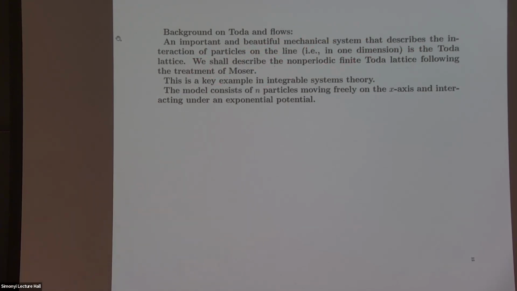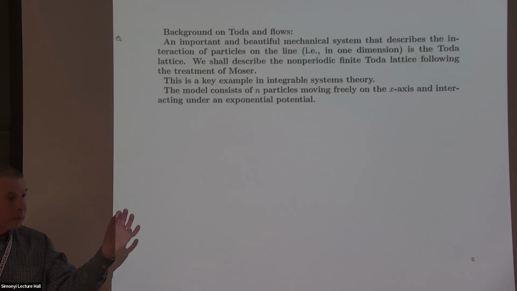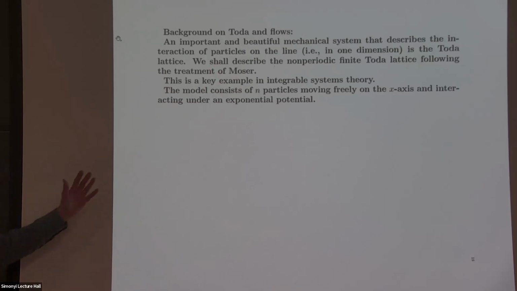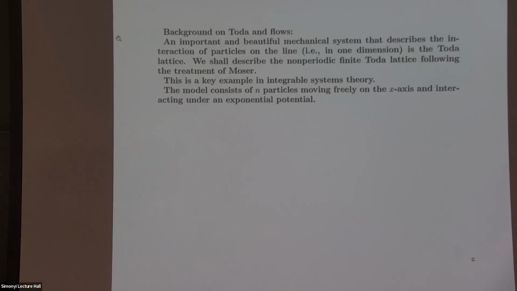It's a bit like the symmetric exclusion process, which has been used in stable polynomials. You've just got a bunch of particles on the line, and they're interacting under a certain potential, which I'll show you. And we're interested in the dynamics. Toda was a solid state physicist, and he wanted to come up with a system that is explicitly integrable.